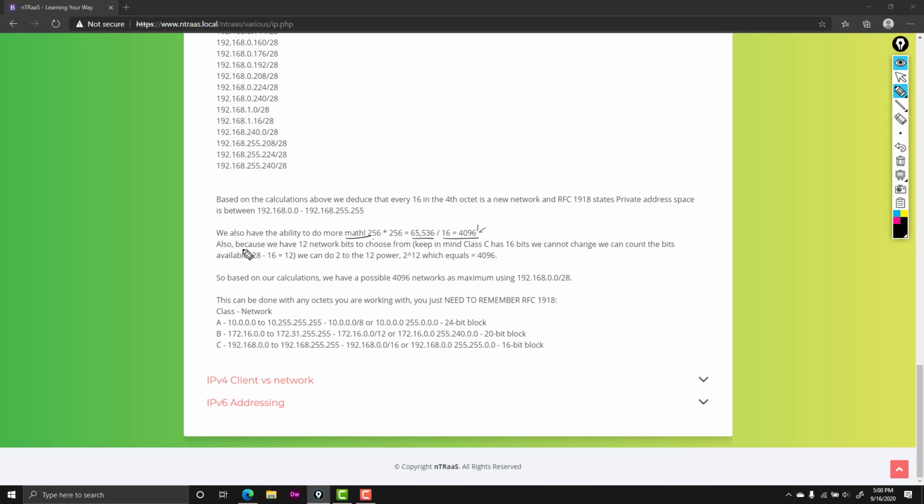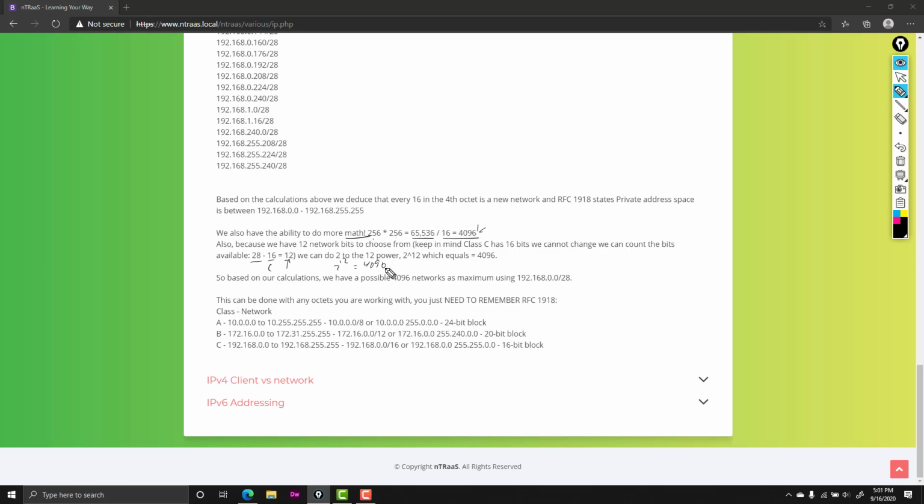Because we have these 12 network bits to choose from, keep in mind Class C has 16 bits we cannot change, we can count the bits available. We have a /28 minus the 16 for a Class C, and this gives us 12 bits. We can do 2 to the 12th power, which also equals 4096.